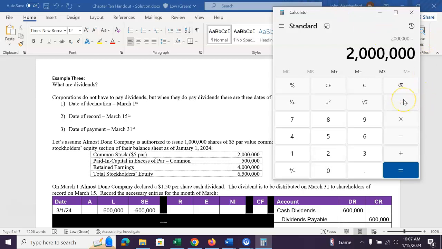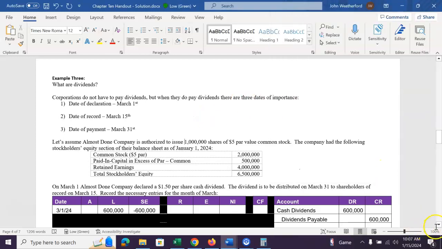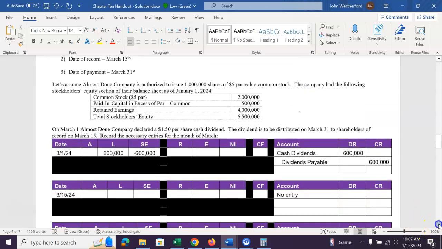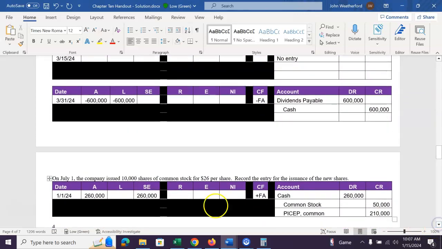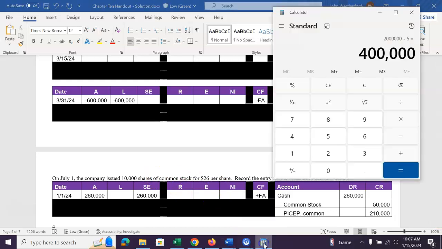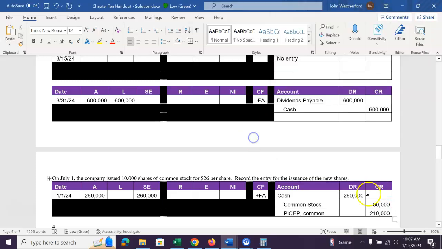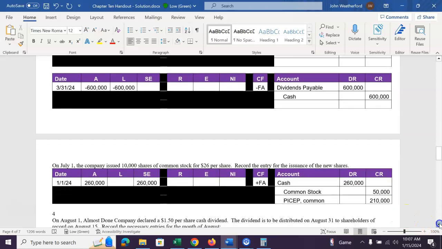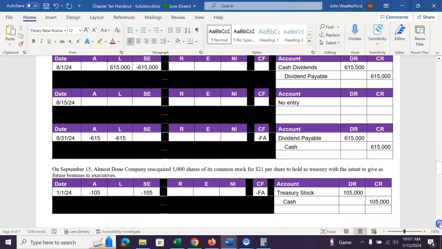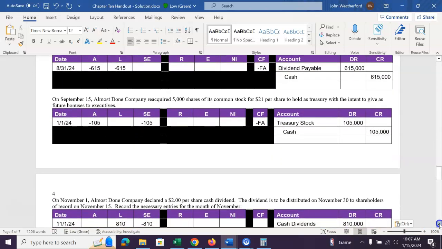Divided by the $5 par tells us 400,000 shares were issued in the beginning of the problem. Then they issued an additional 10,000 shares on July 1st. So that gets us to 410,000 shares issued.